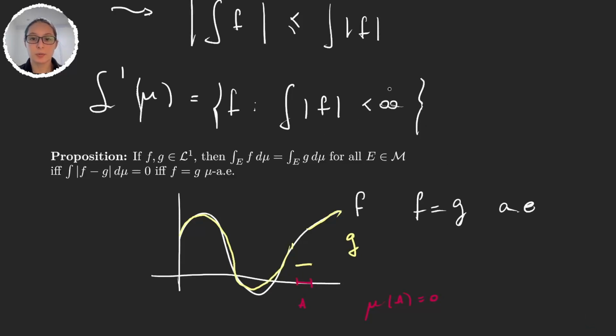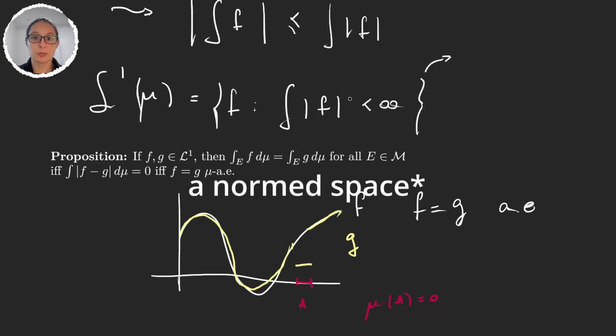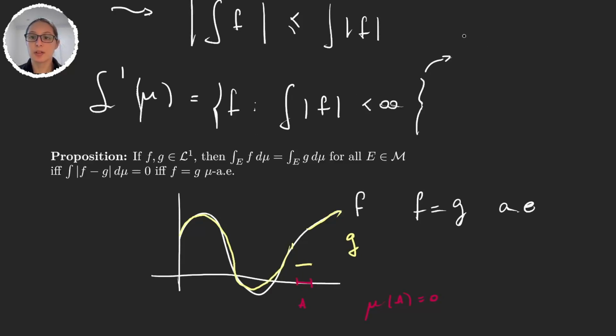And so here, when we define this set, I didn't say anything about this space being a normed space, because it would have made sense to talk about this space and say that the norm of f is just going to be the integral.